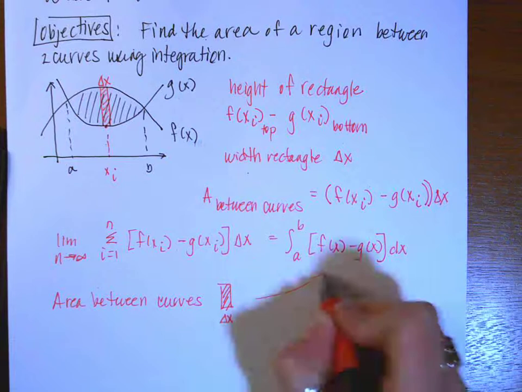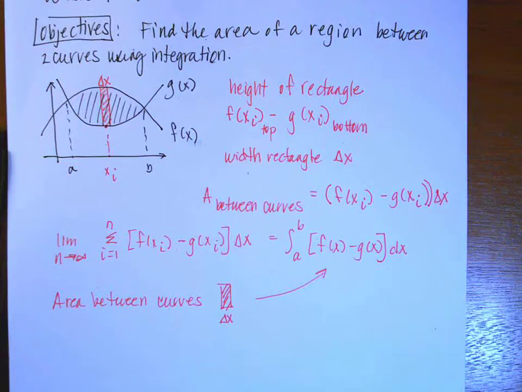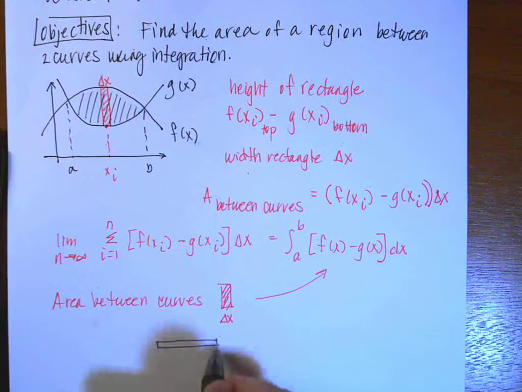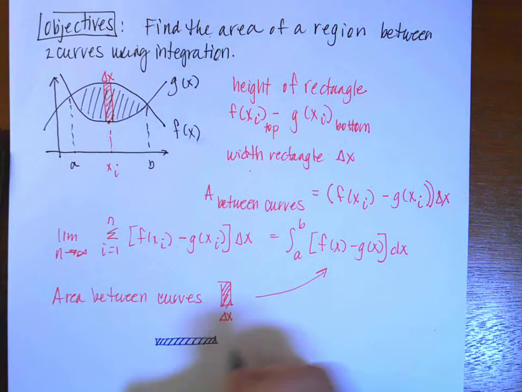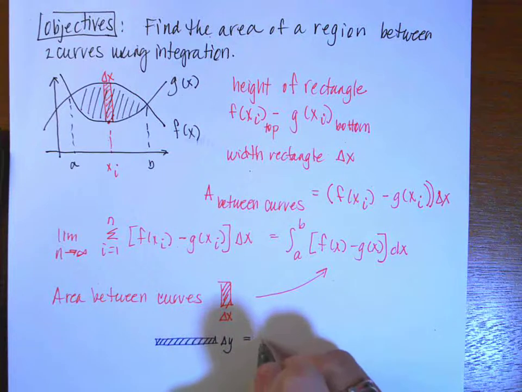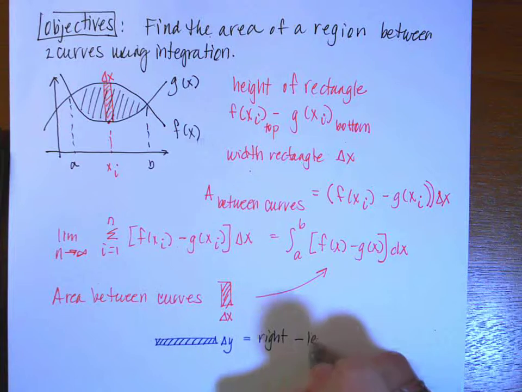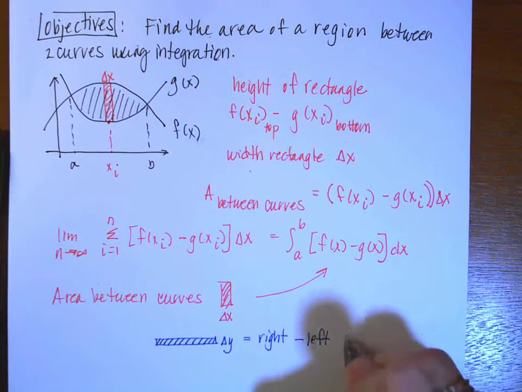And that would be this equation that we've already done. But on the other hand, if I have a sideways rectangle, and instead of the width being delta x, now it's going to be delta y, then this becomes typically the right curve minus the left curve.